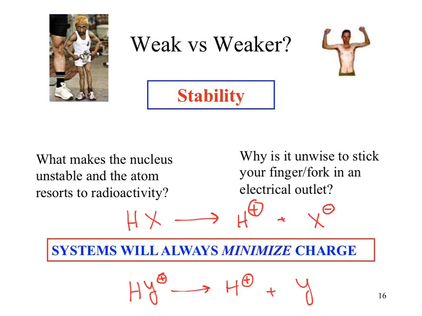It's neutral. Okay, so it's not a lower number, it's more neutral, closer to 0. This bottom one, HY plus, ends up being the stronger acid because when we add it into water, it generates a less charged species than in the case of HX. Okay? So what we looked at there was the easiest example for this, minimizing the charge.